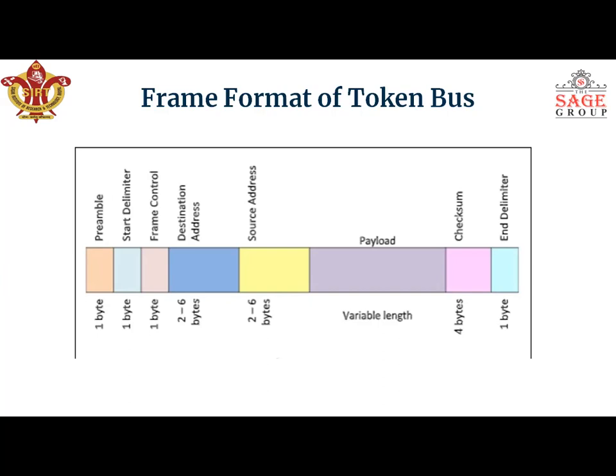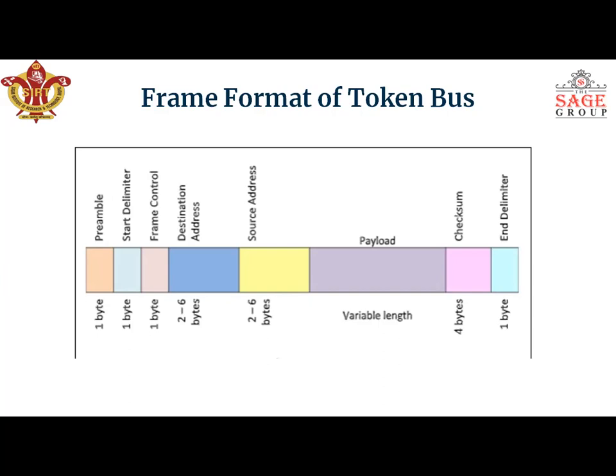So to control multiple transmissions at the same time, we introduce the concept of token bus, in which all the stations are connected in the form of a logical ring. If any station wants to send data, it claims the token, puts the data in the ring, and that data passes from station to station until it reaches its exact destination.